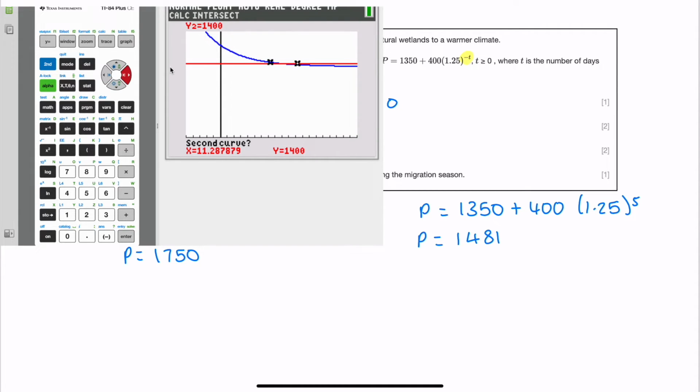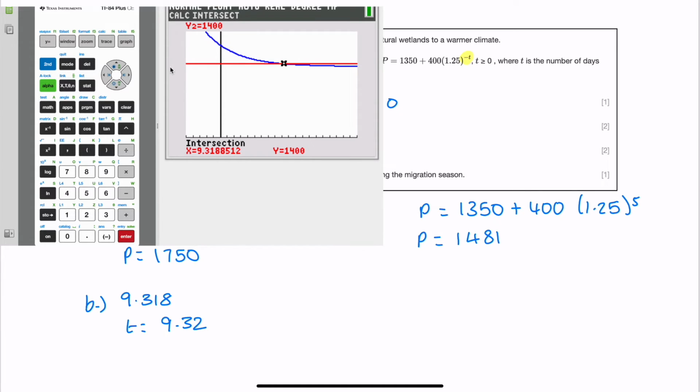I'm finding the intersection between those 2 lines, which is 9.318. So rounded to 3 significant figures, that would be after around 9.32 days.